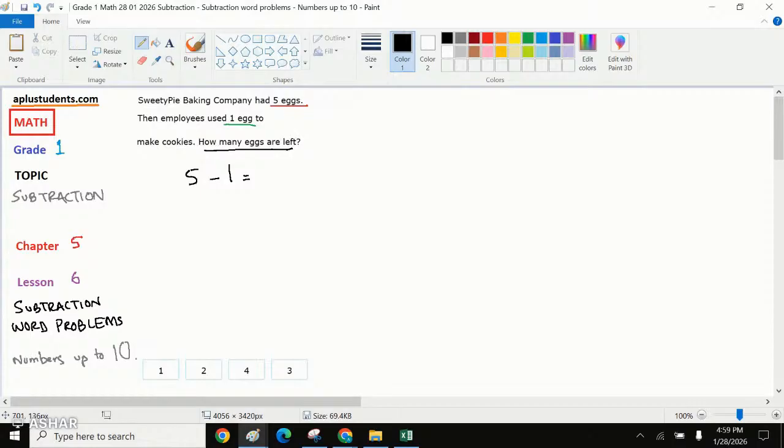The easiest way to do this is to write down the numbers 1, 2, 3, 4, and 5. How many do we need to subtract? We need to subtract 1. So we are left with 4. Agreed? So we say we are left with 4 eggs. Out of these 4 options, we need to select the correct option.